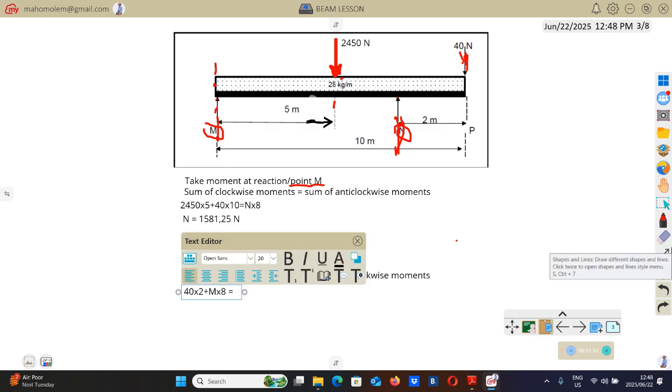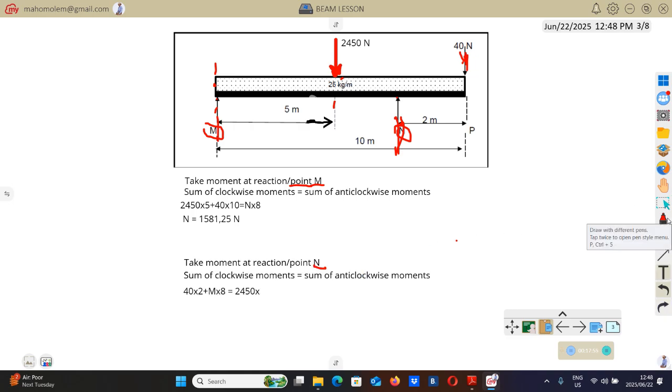So it will be that force of 2,450 multiplied by the distance. The distance that we're going to use now is the distance from that force to where we're taking moments. So how much will this distance be?